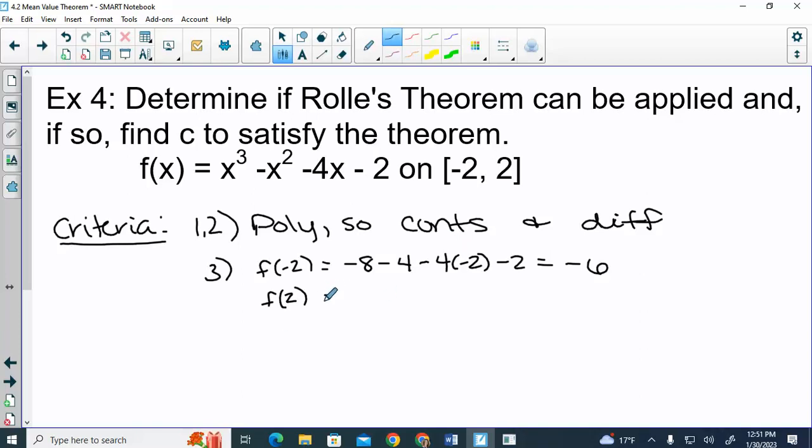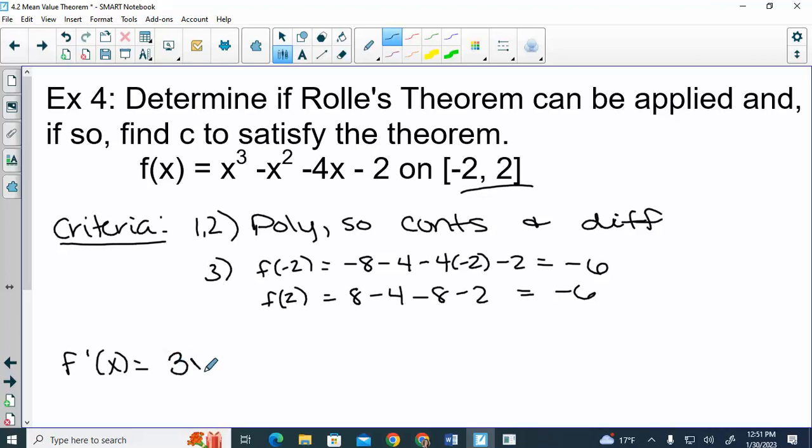And if we plug in a positive 2, we get 8 minus 4, minus 8, minus 2, and we also get -6. So those endpoints are equal. So we can do Rolle's theorem. So Rolle's theorem says that the derivative equals 0 somewhere between -2 and 2.